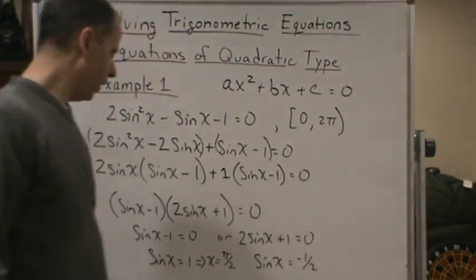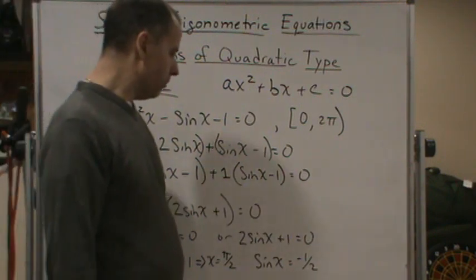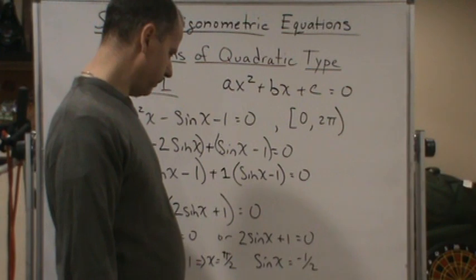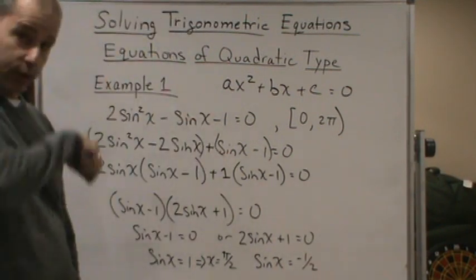Now what about negative 1/2? When is sine x equal to negative 1/2? Well, it's only negative in the third and fourth quadrant. So when is it equal to a half? This is going to correspond to a 30-degree angle.